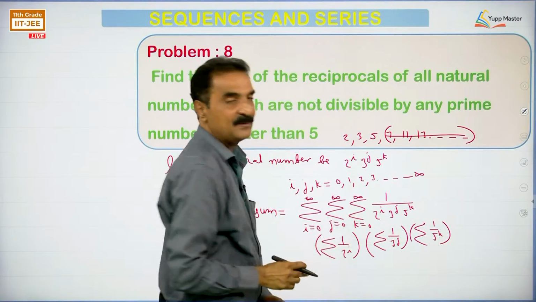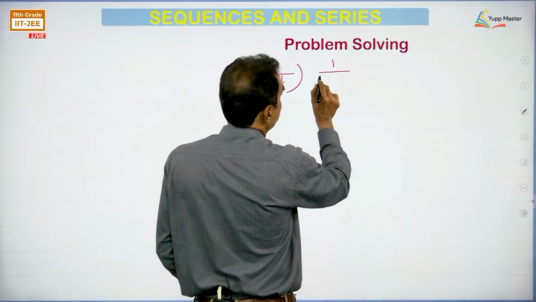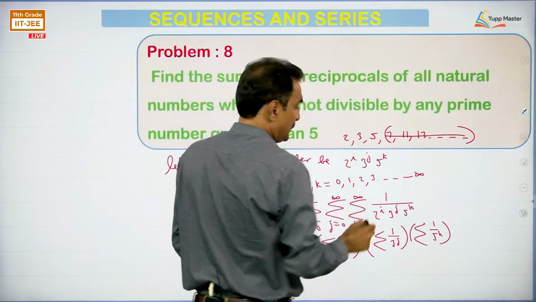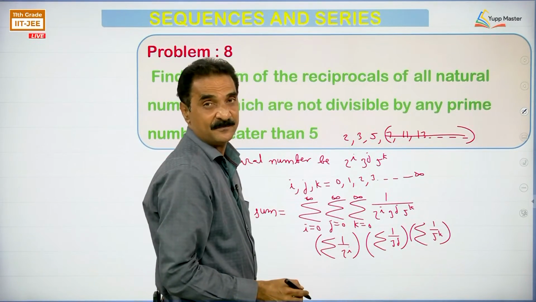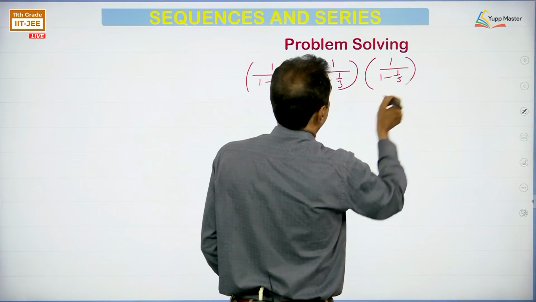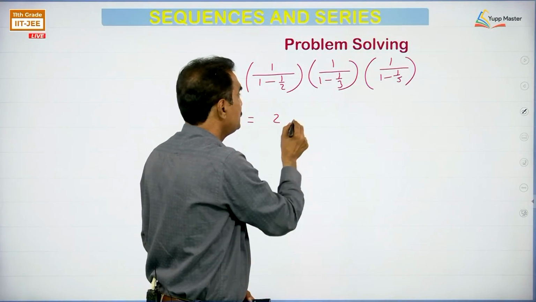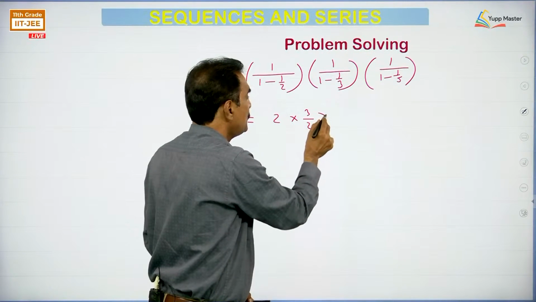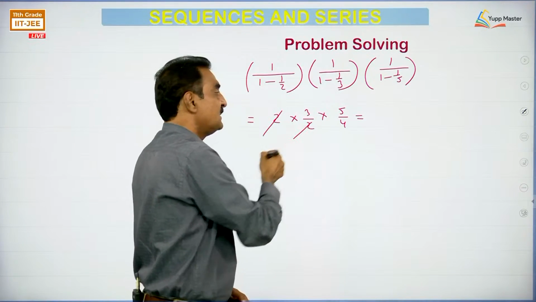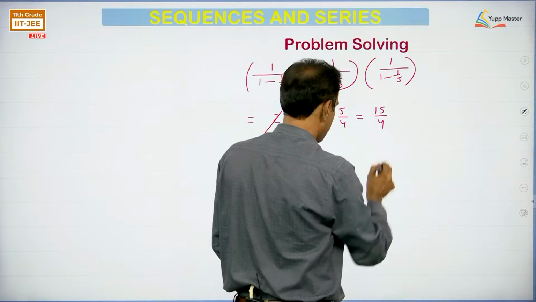Similarly, the second sigma will be 1 by 1 minus 1 by 3. And the third sigma will be an infinite GP with common ratio 1 by 5: 1 by 1 minus 1 by 5. Then this value is 2, this value is 3 by 2 and this value is 5 by 4. Then the required sum is 2 into 3 by 2 into 5 by 4, which is 15 by 4.